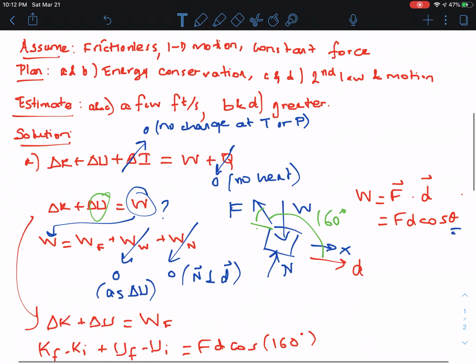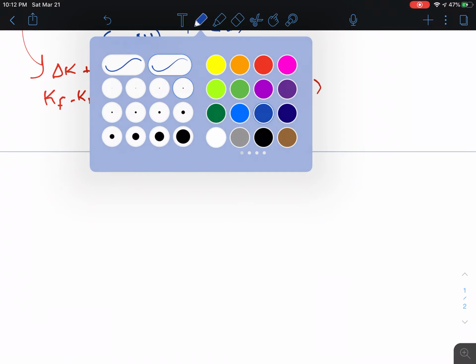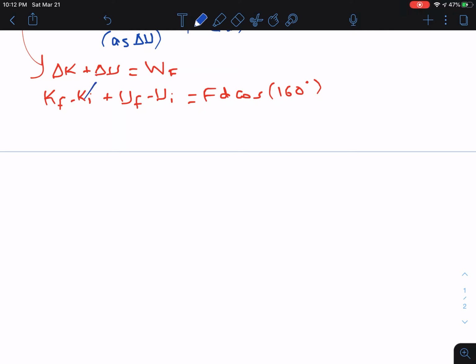So if we go back and carry those in, show the cancellations, we said that there's no initial kinetic energy because remember initial velocity is 0. We're also saying that final potential is 0 because we set up final y to be 0. Okay, then we have a little bit more simplified equation. What is K?